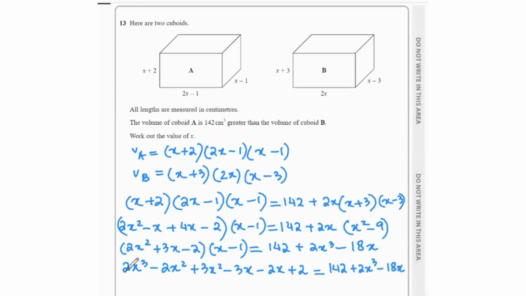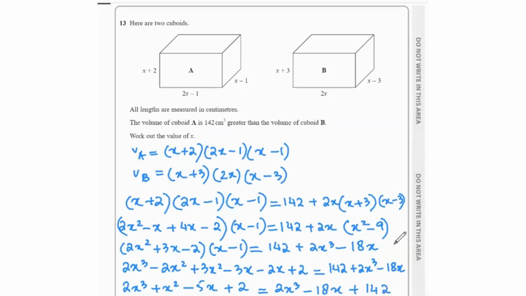Collect the like terms again. 2x cubed plus x squared minus 5x plus 2 equals 2x cubed minus 18x plus 142.